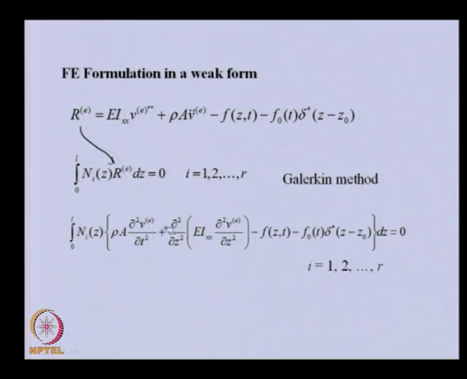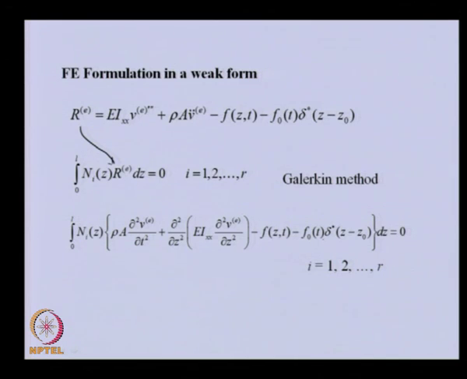If it is constant, it will come out, and we will have the fourth derivative of v with respect to z, which we have represented as prime here, and here explicitly expressed as the partial derivative with respect to z. And these force terms will be as they are. This is a distributed force, and this is a concentrated force acting at z equal to z naught location. So, we have substituted the residual here, and we are equating it to 0. We have r number of such equations.